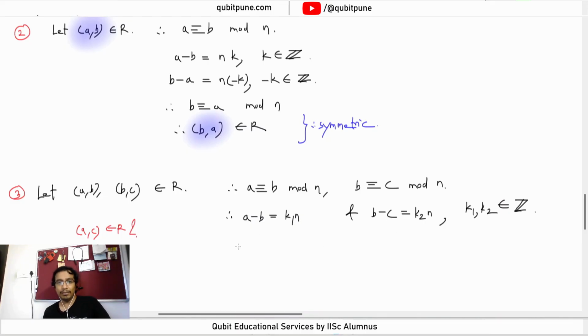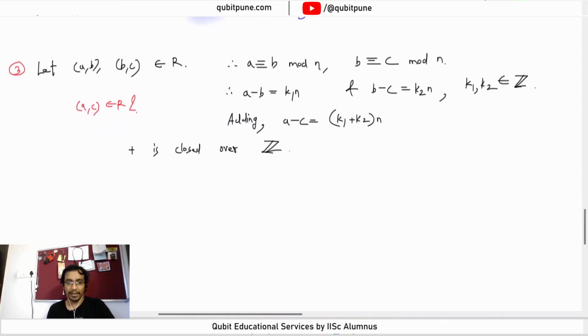So we add these 2 equations. Adding the equations, what do we get? B gets cancelled. So A minus C is equal to (K1 plus K2) into n. Now look, addition is a closed operation. Addition is closed over the set of integers. Correct? So adding 2 integers never gives any non-integer. It always gives a certain integer.